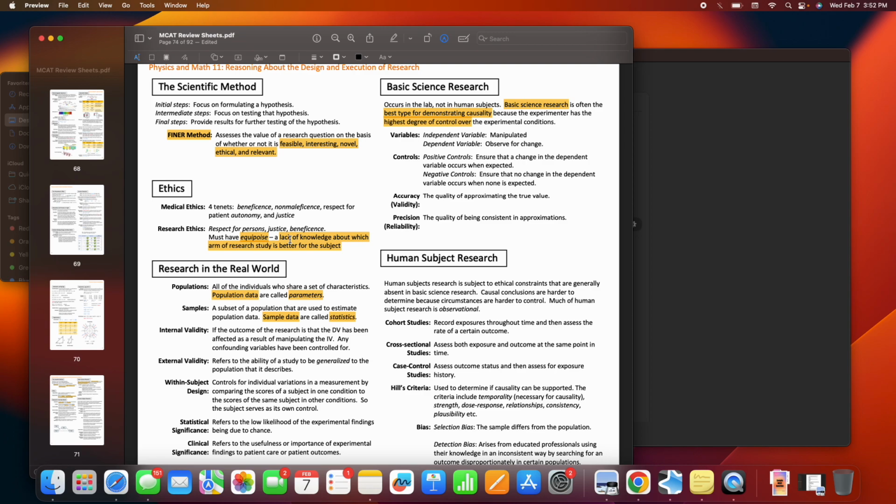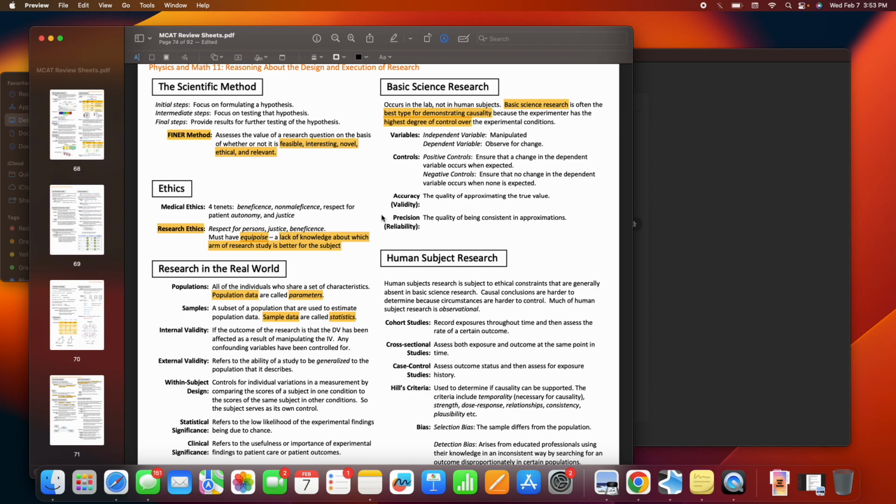I think this means that you should not know which study or method is better for the subject. And this goes to research ethics, which is different from medical ethics.